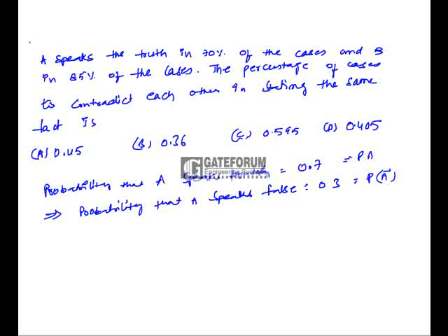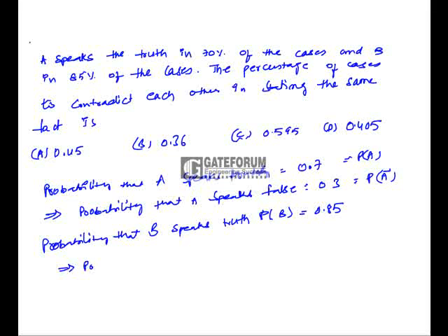The truth is represented by P of A. In the same way, probability that B speaks truth, P of B, is 85%. That means probability would be 0.85.